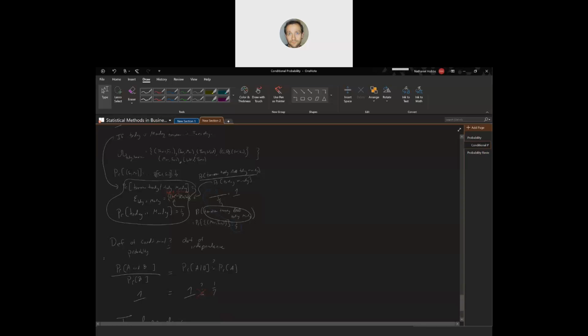This is the definition of conditional probability. And we notice that these things are not equal. The probability of A given B is not equal to the probability of A. Therefore, by explicit proof, we show that these are dependent events.